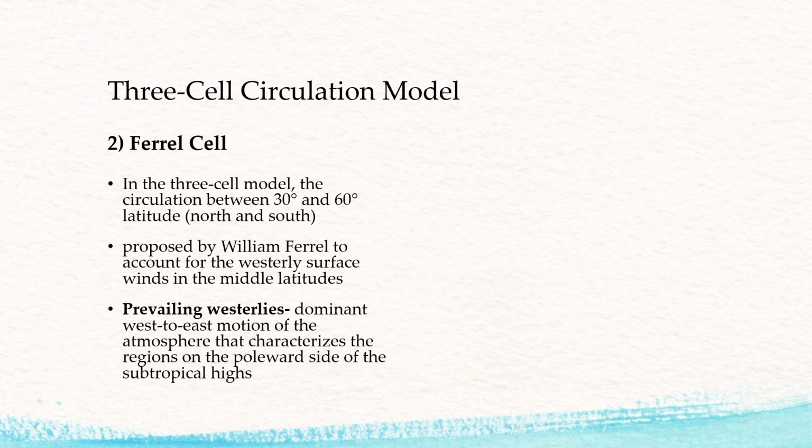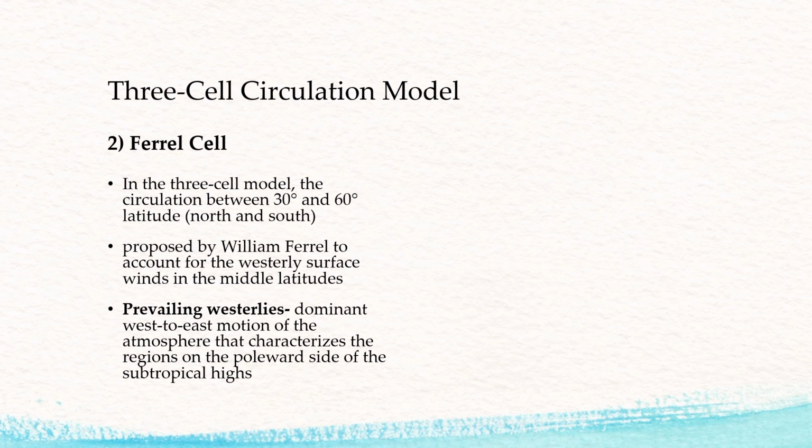So again, this Ferrel cell accounts for the prevailing westerlies. It's called westerlies because it's blowing from the west.